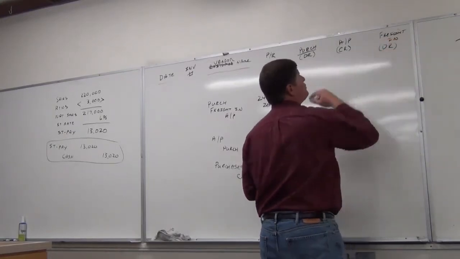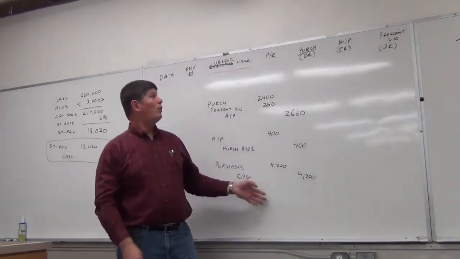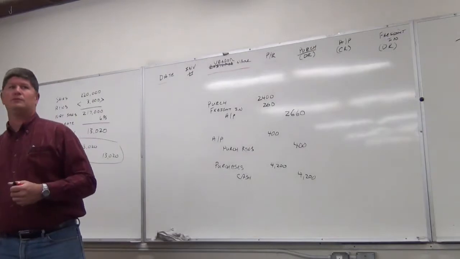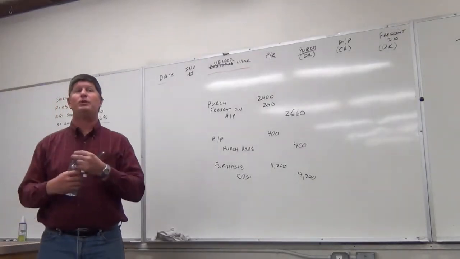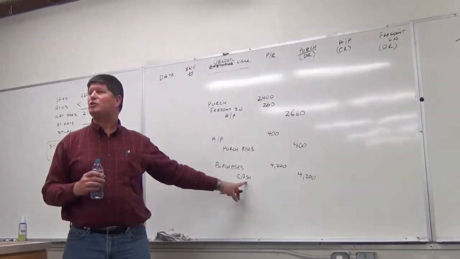I put those two next to each other, but I did them out of order. Still works. Okay. Where does cash go in my purchases journal? I could, but does it really belong there? No, because if it's cash, it goes in which journal?